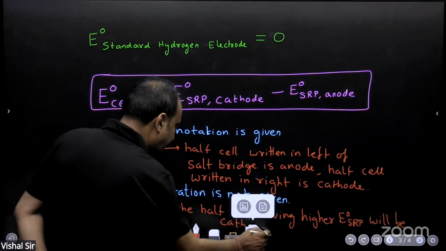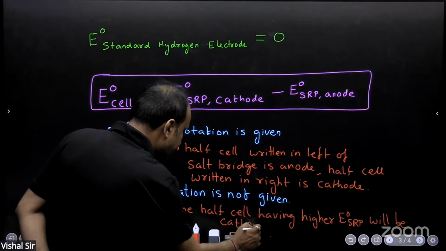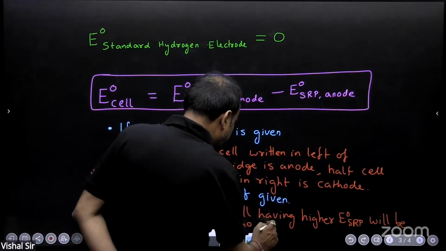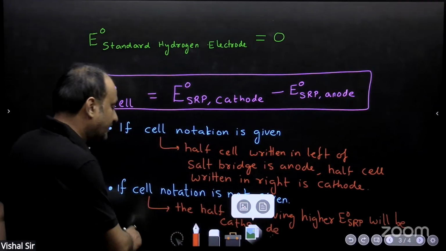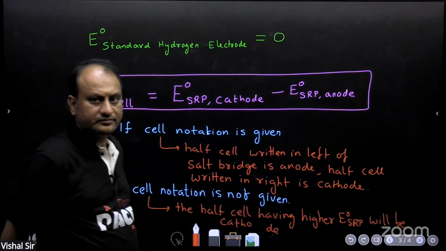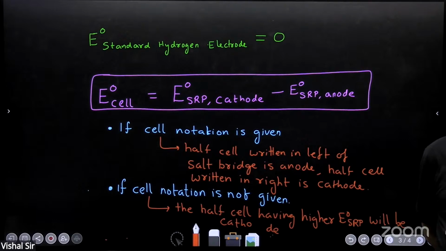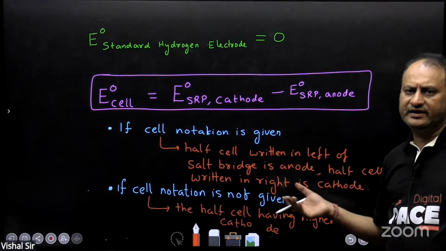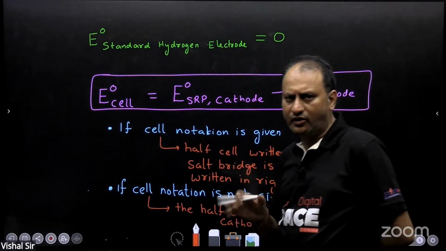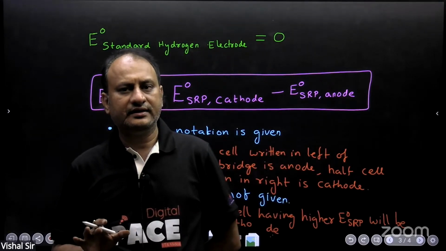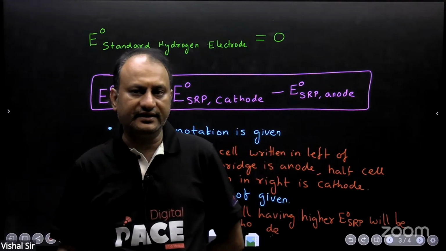So whichever half cell has higher SRP value, that will be cathode. Okay. So if the notation is given, they have already given you what is cathode, what is anode. If the notation is not given, then you will decide like this.